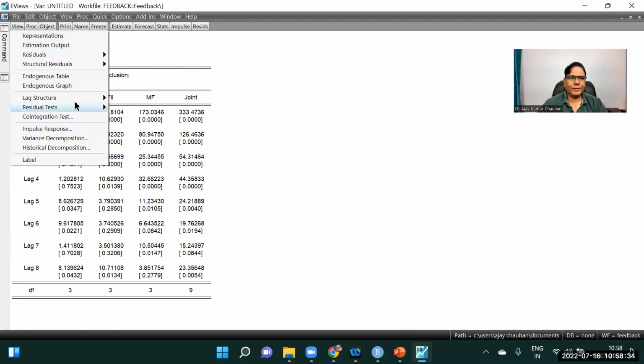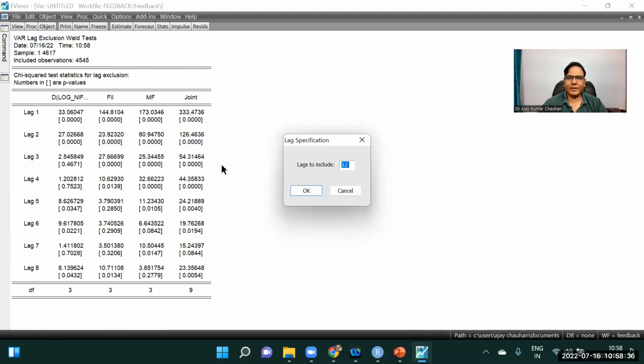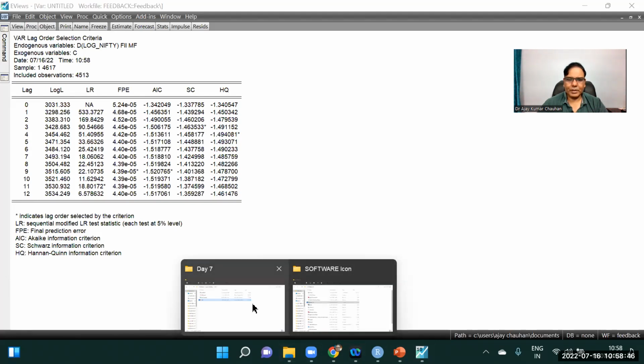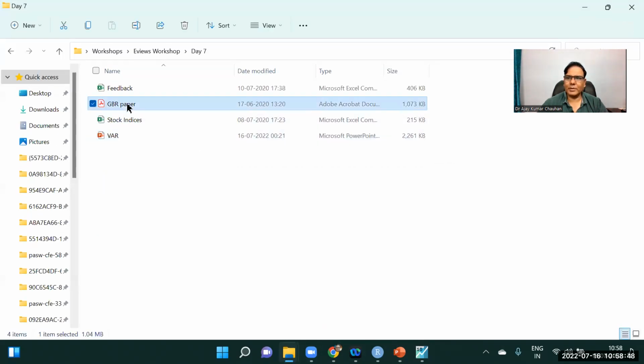We simply go to the lag structure, lag length criteria, and say that Hannan-Quinn is suggesting 4, so we take 4 lags. And I will also show you one paper which is published in Global Business Review.